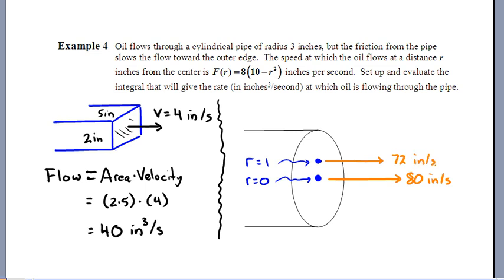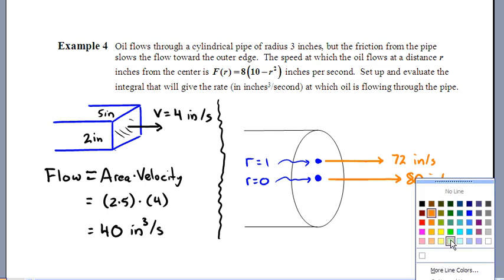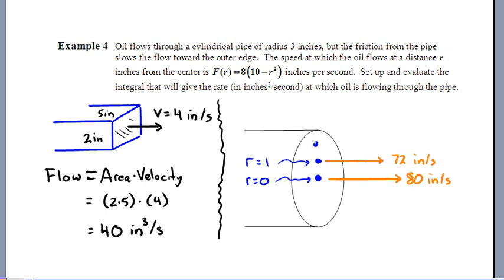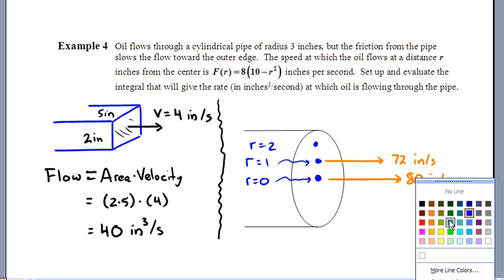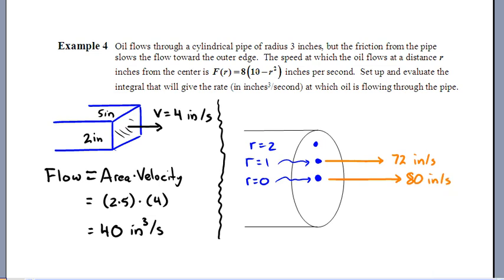Still impressively quick. If I move a little farther from center, let's go to here at r equals 2. If you're 2 inches away, 10 minus 2 squared, 10 minus 4 is a 6, times the 8 is 48. It's slowing down as we get near the edge.